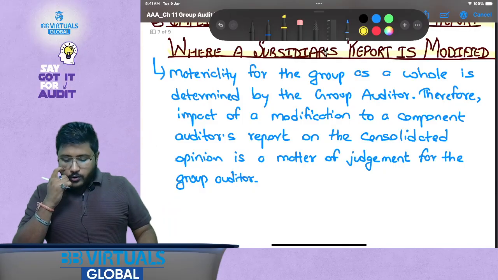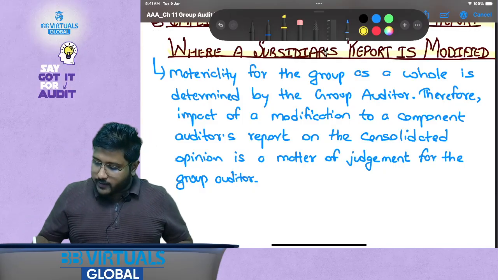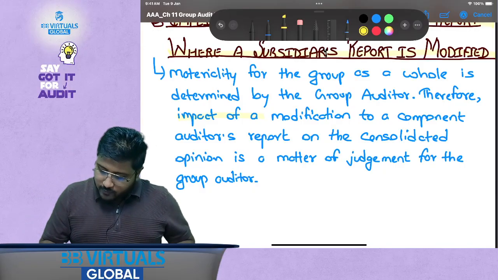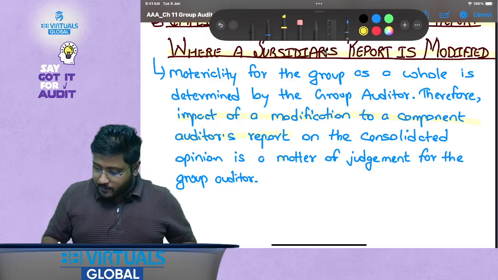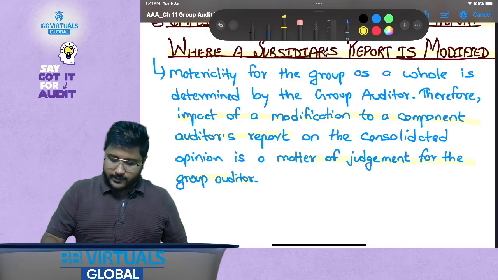Materiality for the group as a whole is determined by the group auditor. This we are already aware about. Therefore, impact of a modification to the component auditor's report on the consolidated opinion is a matter of judgment for the group auditor.